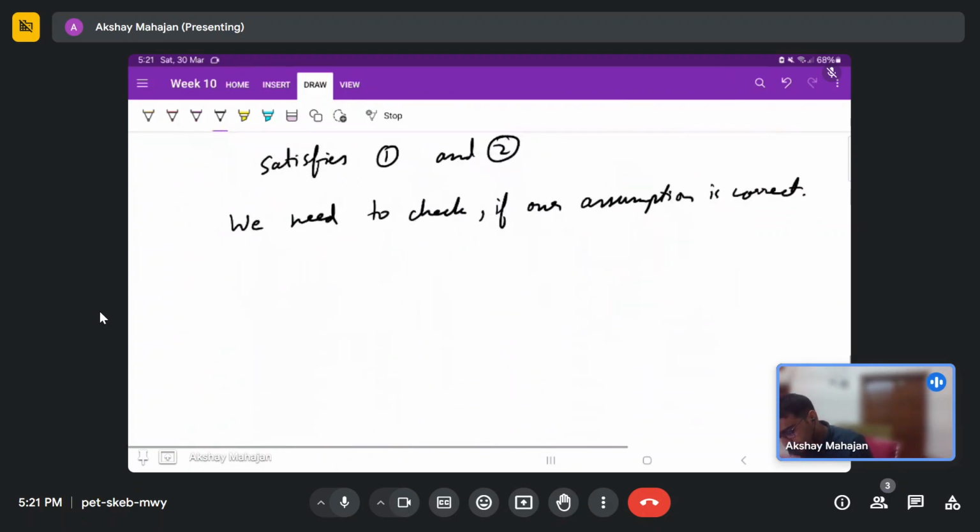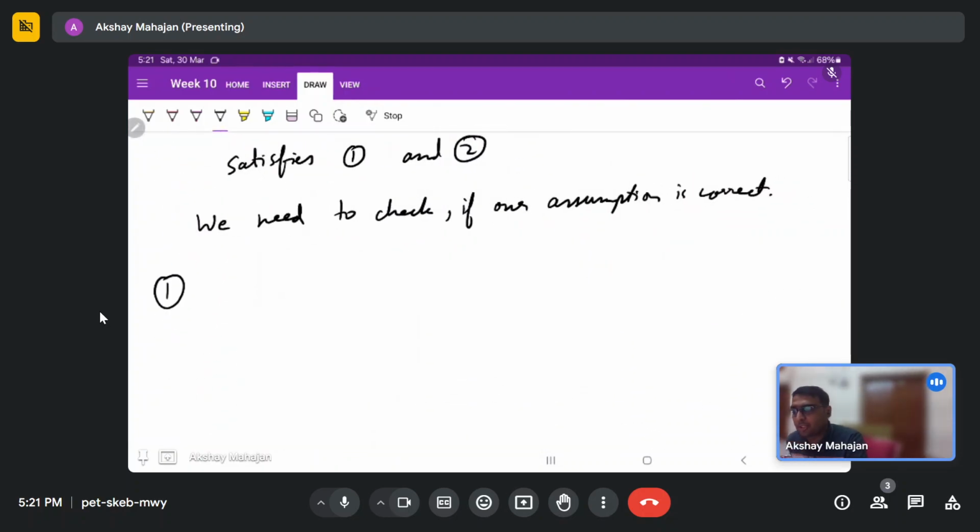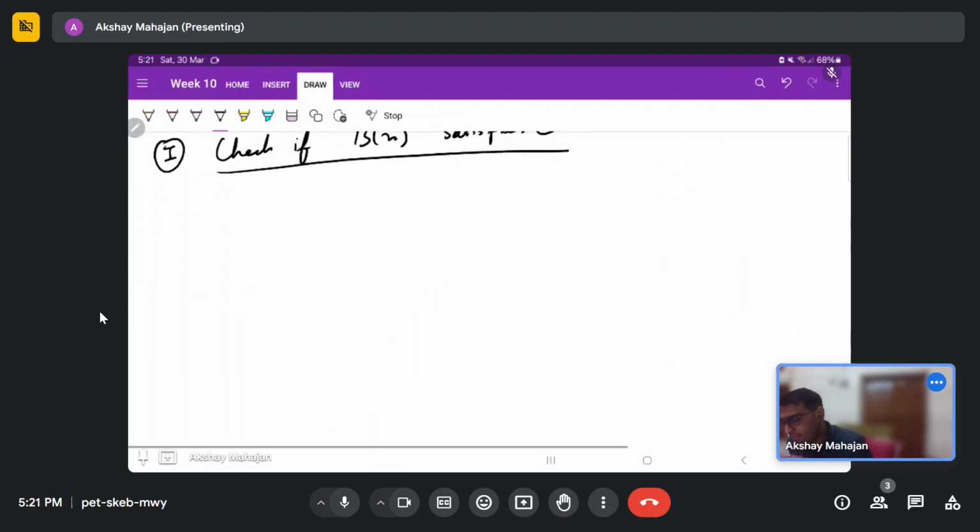For this, first we have to check if this b(x) satisfies both equation number 1 and 2. So first we will check if b(x) satisfies equation 1, which is our London equation.